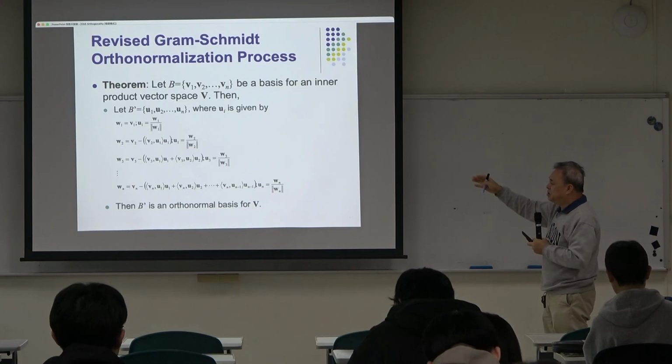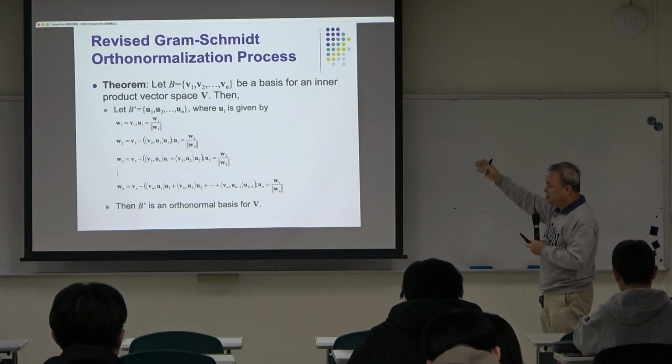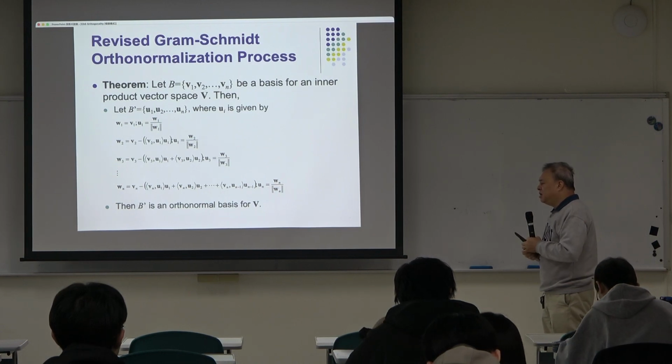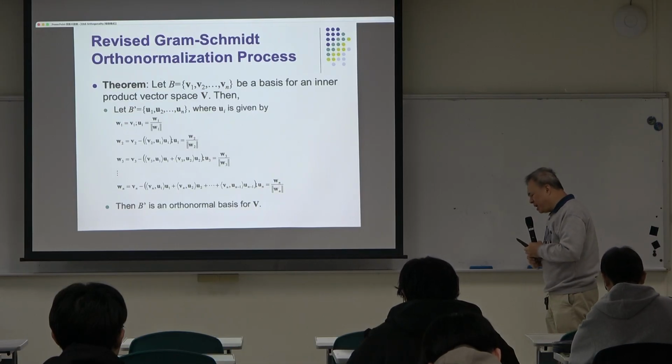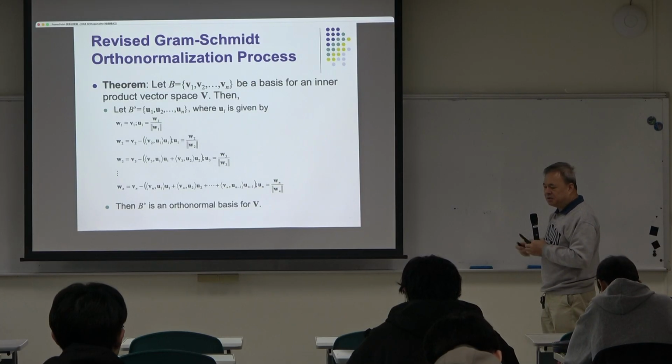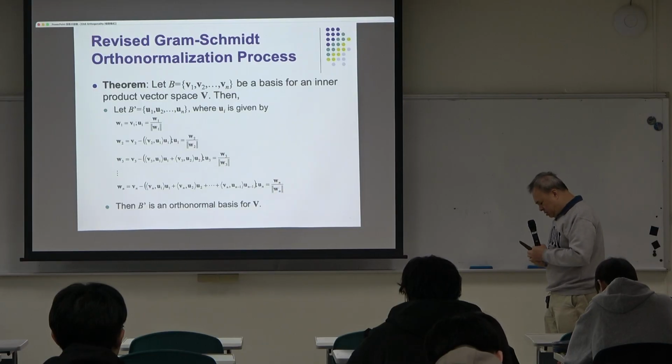Here, of course, eventually you want to convert to UI in this process. But if you write this formula backward, and try to represent VI by UI, you will naturally get the QR decomposition.